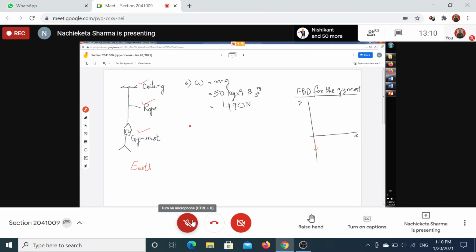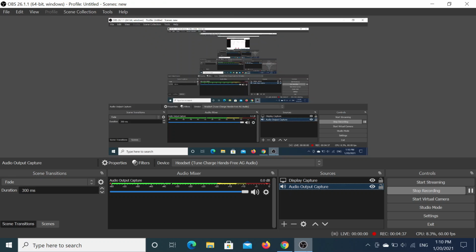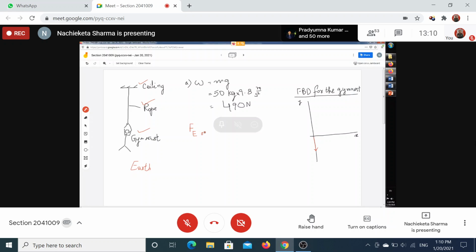So I can write it as force of earth on gymnast. And that is basically what we call weight. So the magnitude will be W. Then the gymnast also attracts the earth.